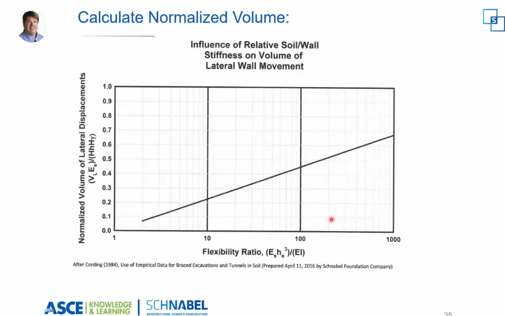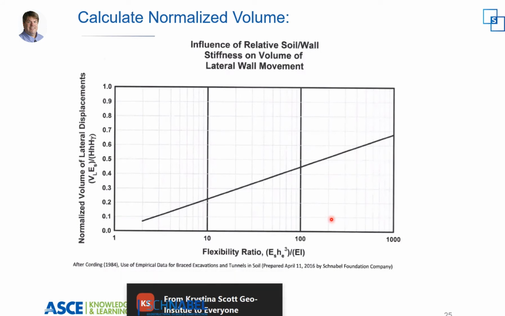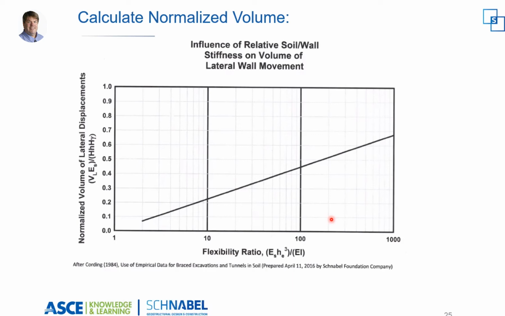So using this, you calculate your volume, and from the volume, you can calculate the settlement, using the assumptions that we made that the volume of the lateral movement is equal to the volume of the settlement and follows a parabolic profile. And you can also calculate the maximum settlement at the pile by multiplying the average lateral movement by 1.5.